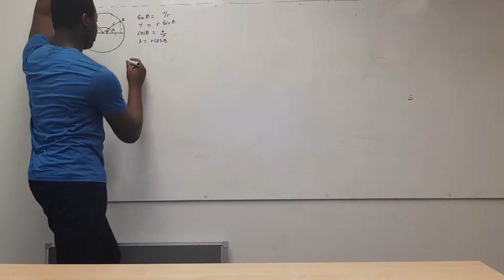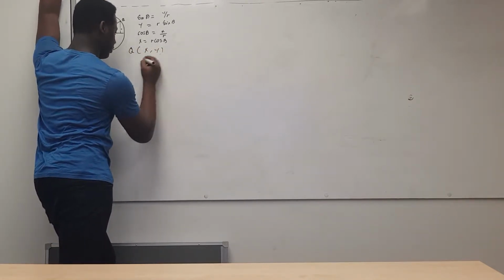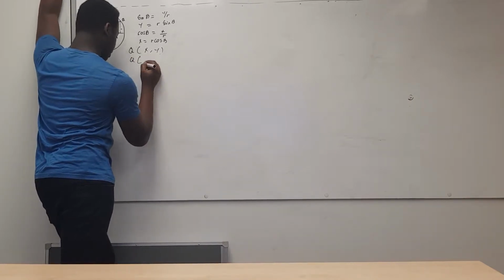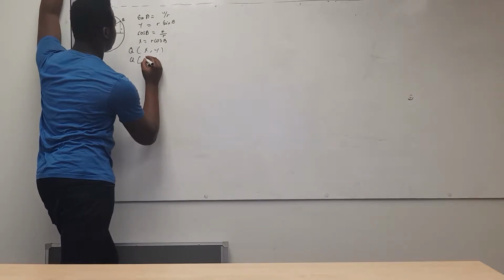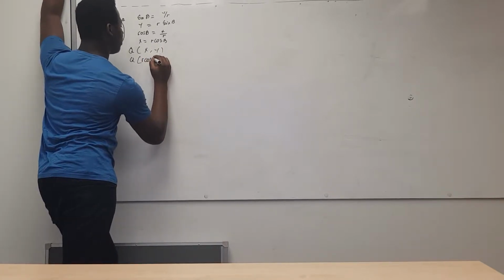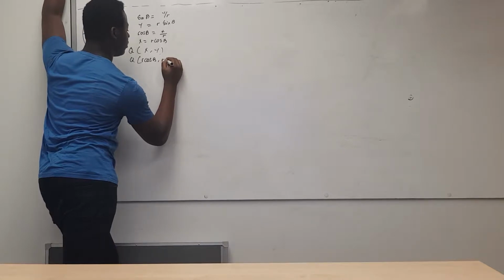So we can say something. The point Q is given by coordinate system xy. And we know what xy is. Q is given as r cosine b, comma, r sine b.